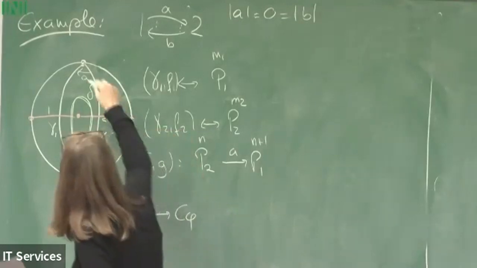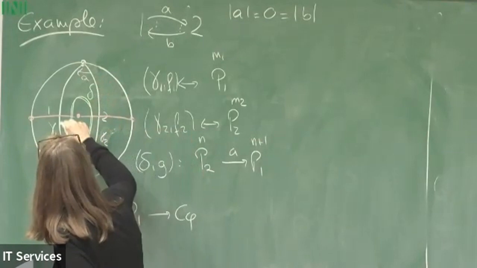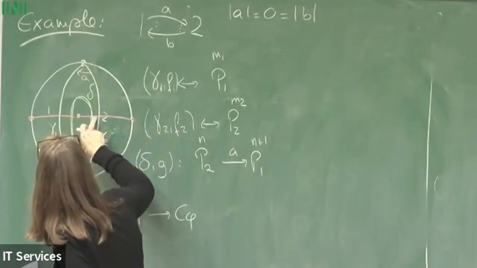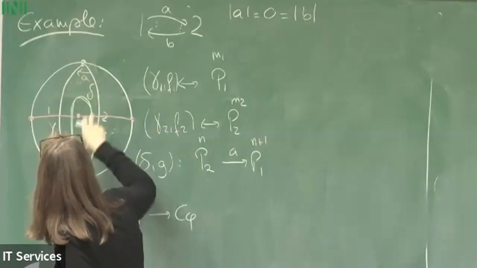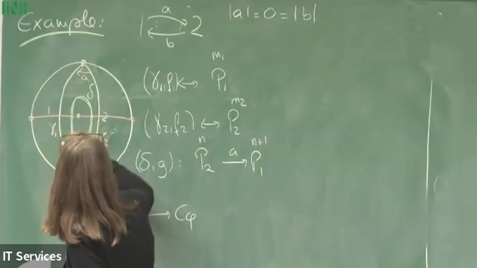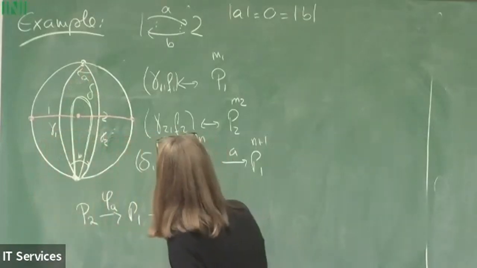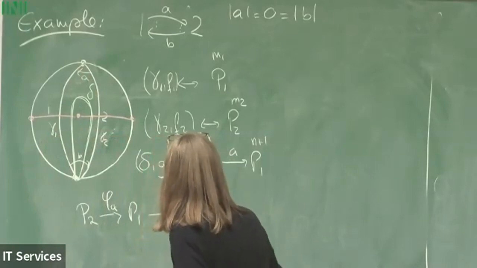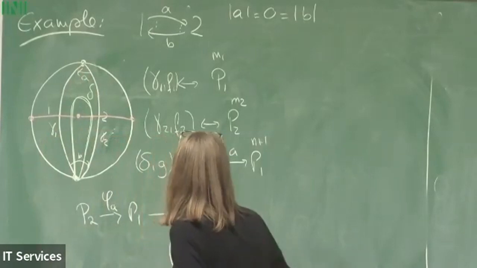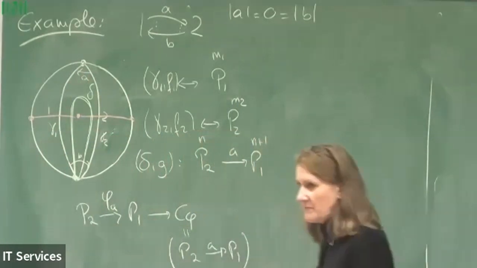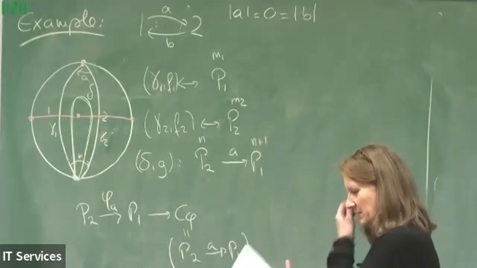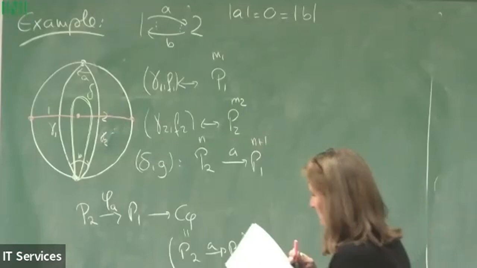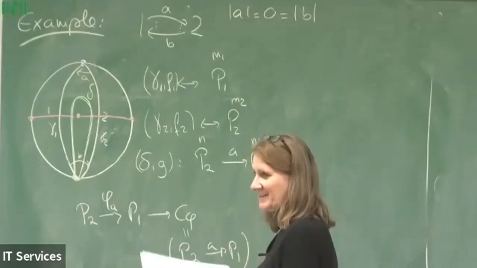I think it should be this one, and then from 2 the one induced by A. So it's P2 to P1. And this one should then be the one going from P2 to P1, but now as a complex. Okay. Yeah, so I didn't quite do what's in my notes, which is always a bad idea.